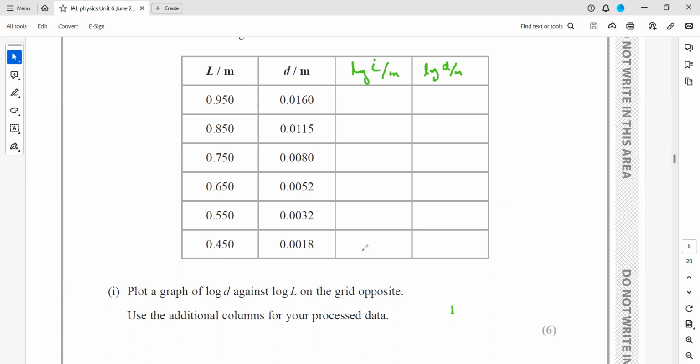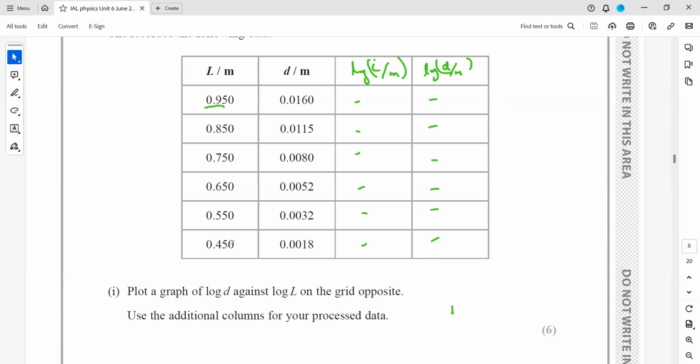You just have to use your calculator and take the log of, for example, 0.95. This will give you a negative answer, because log values are negative when the number is less than 1. So all the values will be negative: for log L the values will be negative, and for log d the values will be negative.